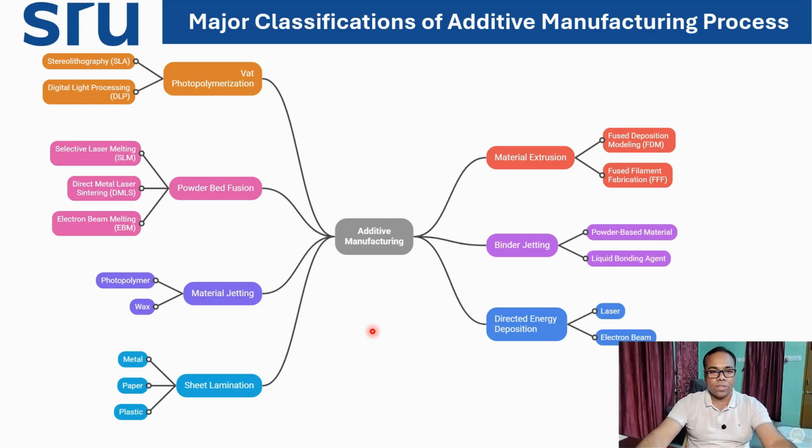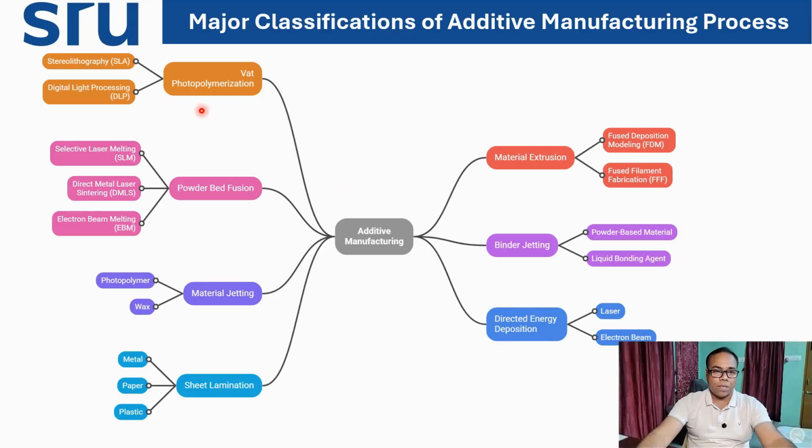Now we are going to discuss the major classifications of additive manufacturing processes. This classification was done earlier by different researchers and scientists. As per the major classification, additive manufacturing is divided into photopolymerization, powder bed system, material jetting system, sheet lamination, material extrusion process, binder jet process, and direct energy deposition process.